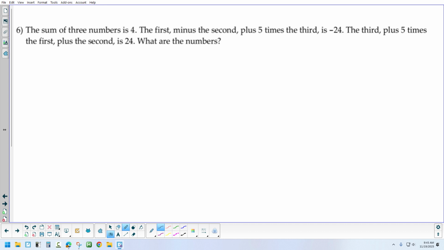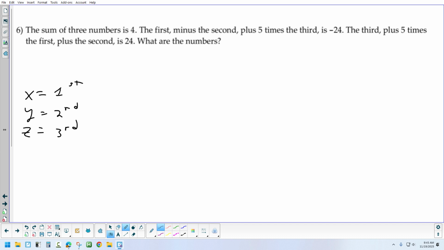So first sentence says the sum of 3 numbers is 4. How many variables do you think you're going to need in this problem? 3. You have 3 numbers. What would be 3 good letters to use? Yeah. So we'll say that x is my first number, y is the second number, and z is the third number.